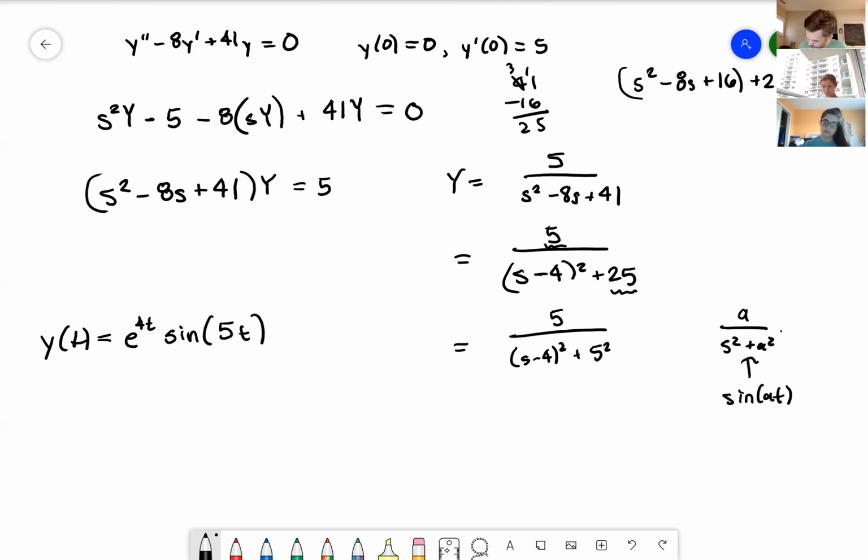But it's shifted by 4, and that should be a positive e to the positive 4. Let me throw that in there, jumping straight to the last step. E to the 4t sine of 5t, times, yep, that's right.